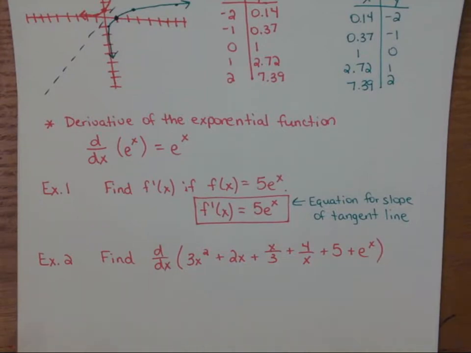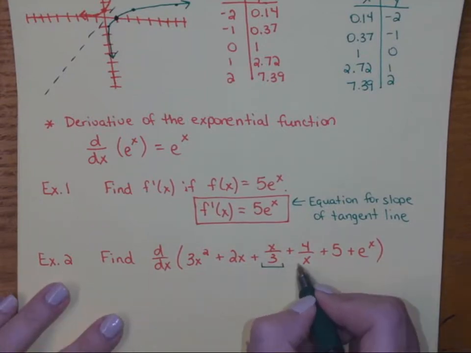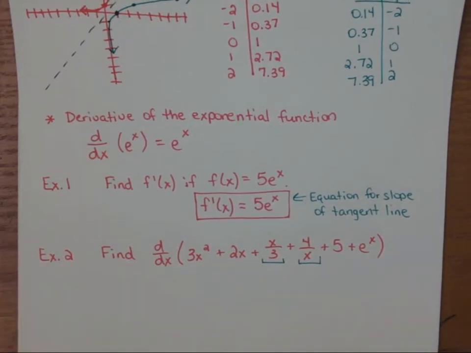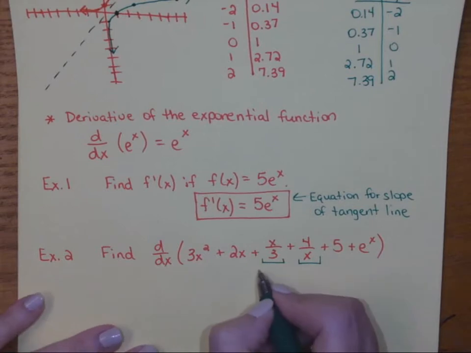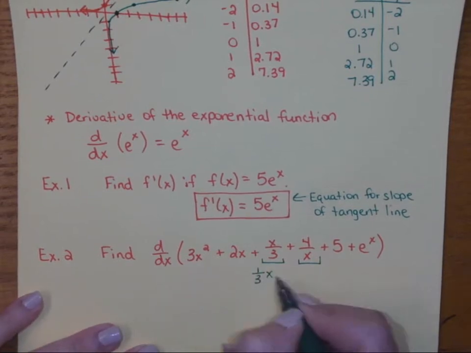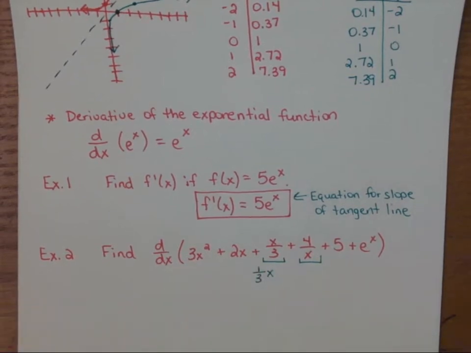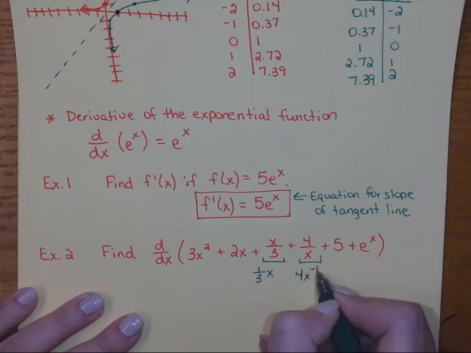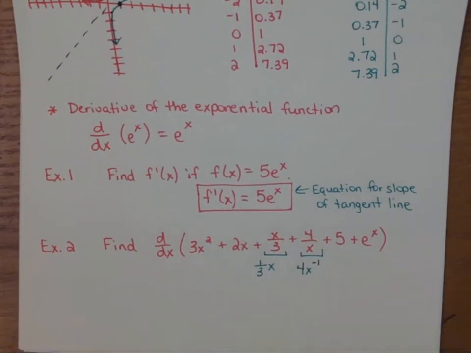So the first thing that I would do if I were you is I would rewrite these two guys. You need everything to be in exponential form if you can. Okay, so just so you know, this is 1/3 x. That's how you would rewrite that. Okay, notice the x stays on top. This, however, would be 4 and then x to the negative 1 power. Okay, notice I'm not finding the derivative right now. I'm just telling you what these are in exponential form.